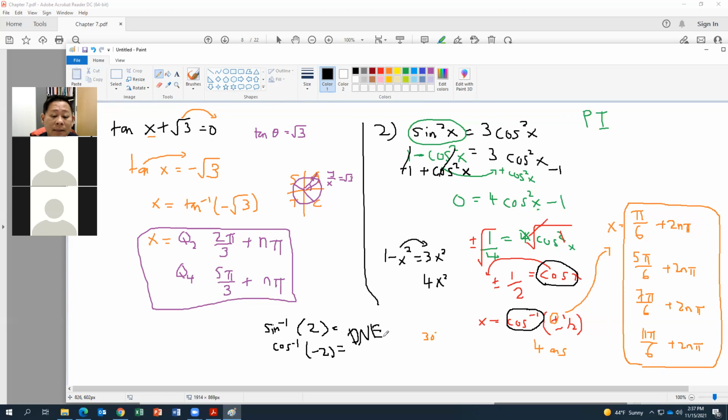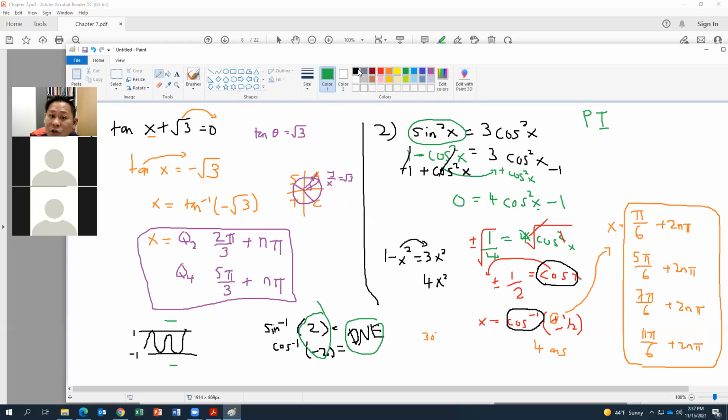The reason is that if you remember your graphs for sine and cosine, they are always bounded by -1 and 1. So 2 or -2 is above 1 and -1, not in between -1 and 1, so you will get does not exist.